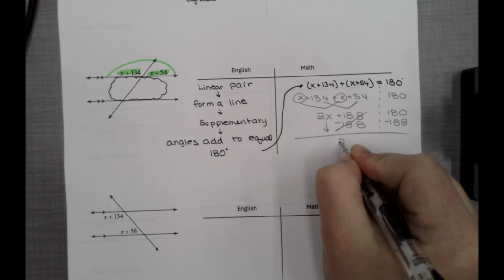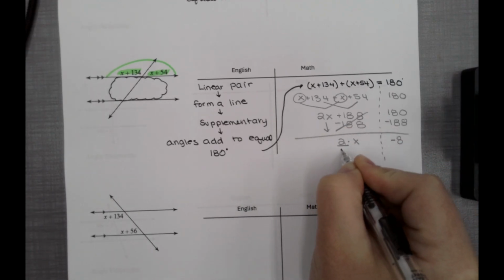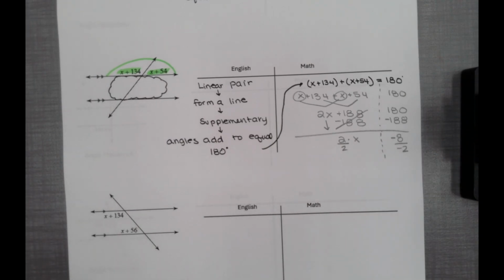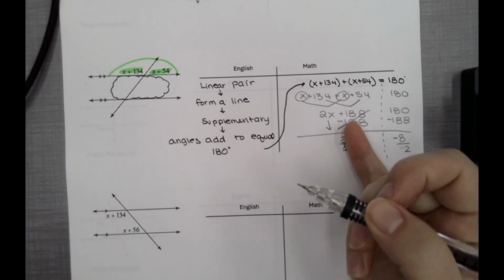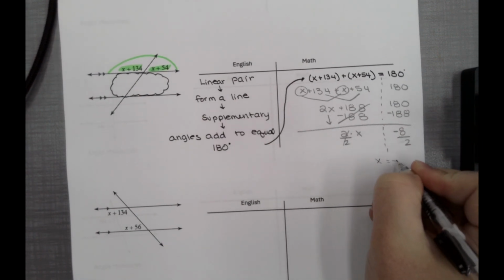Bring down the 2x. Dotted line for balance. Divide by 2. Divide by 2. Oh, I don't know why I divided by negative. That's wrong. It should be a +2. So we have x is equal to a -4.